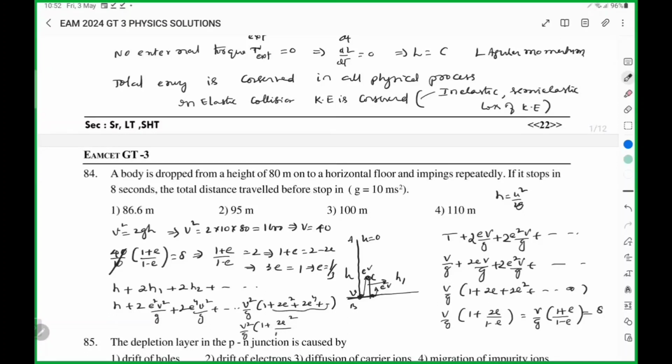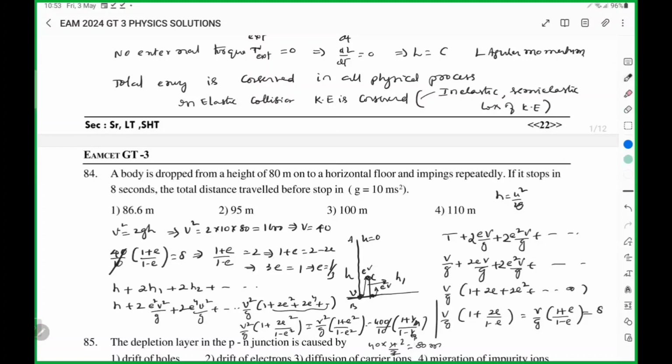It is in geometric progression. So V square by g into 1 minus e square, 1 by 9.